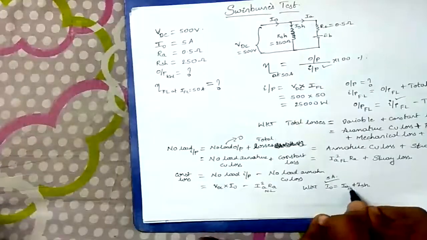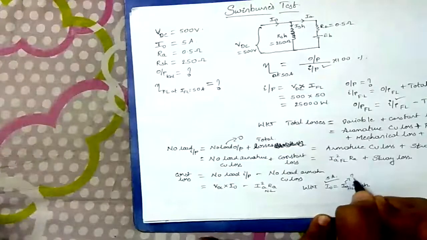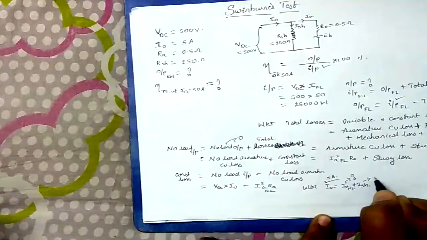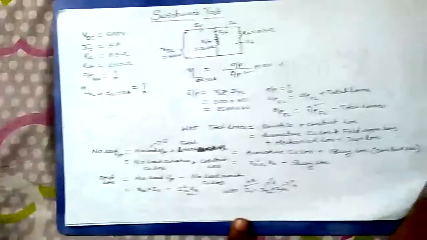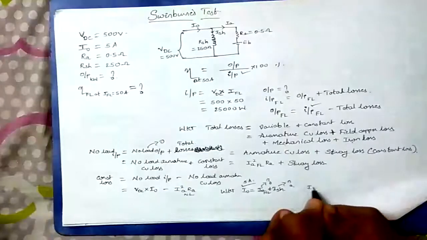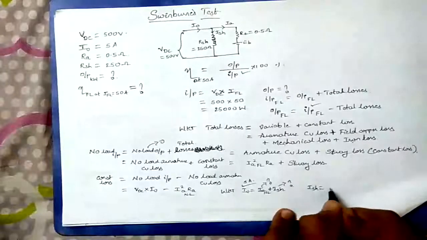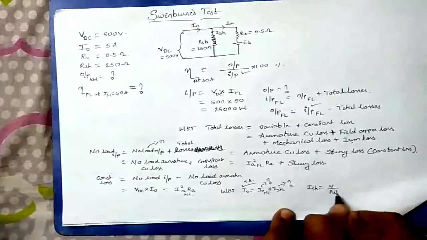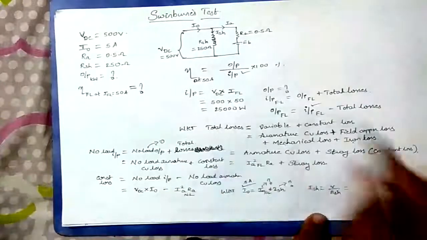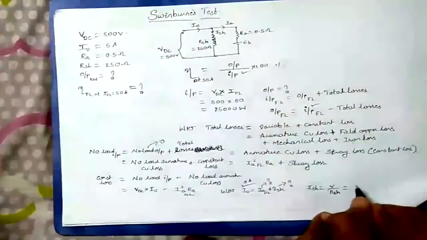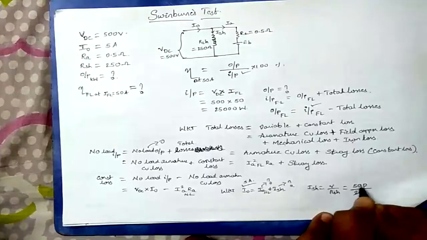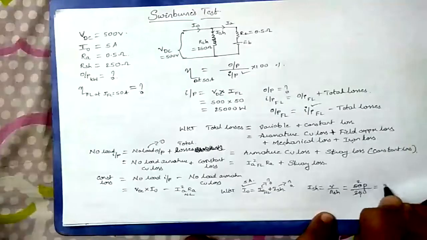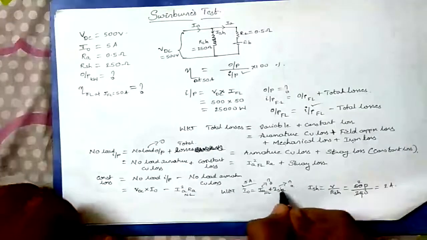We are supposed to calculate IA at no load, and we are supposed to calculate ISH. ISH formula is V by RSH. V is given, VDC is 500 volt, divided by RSH, 250. So it is 2 ampere.